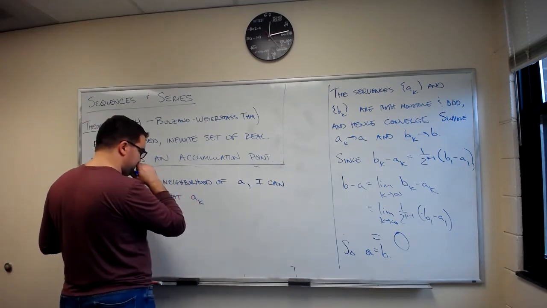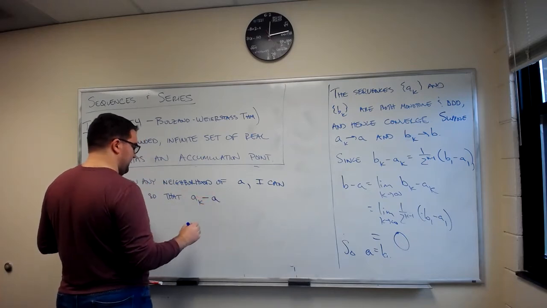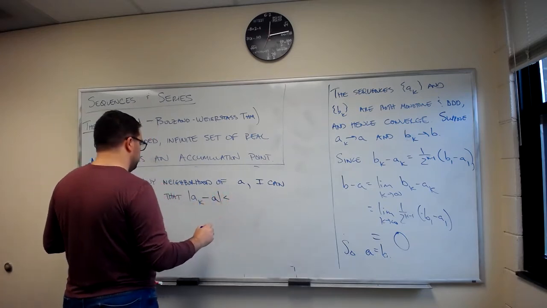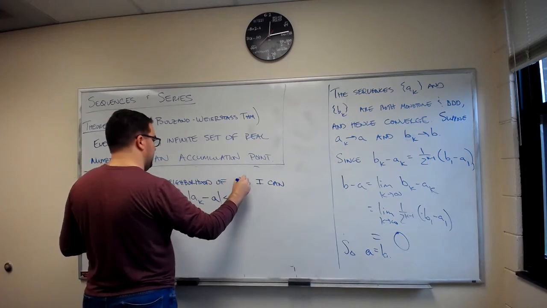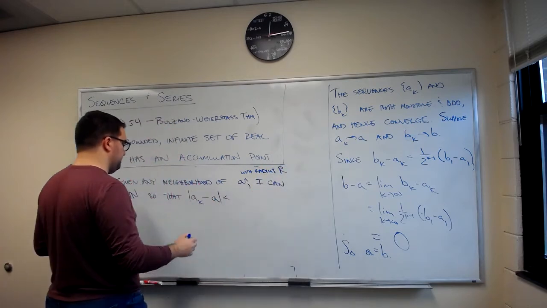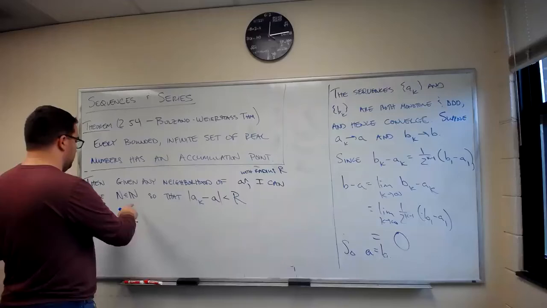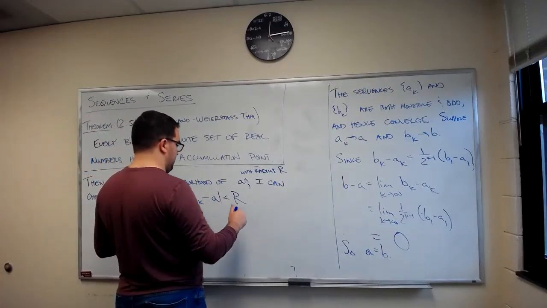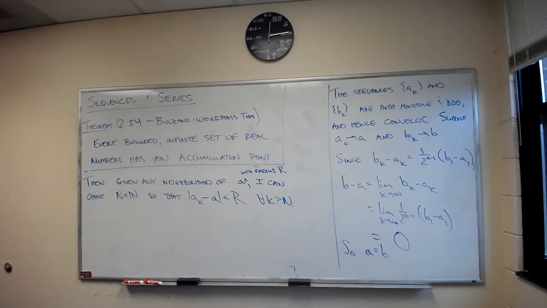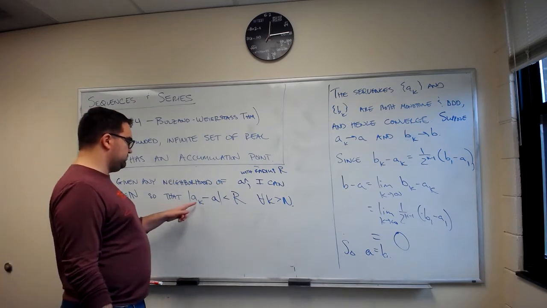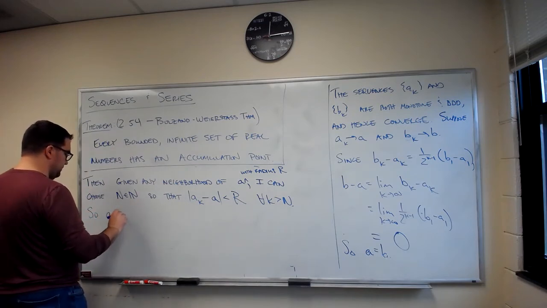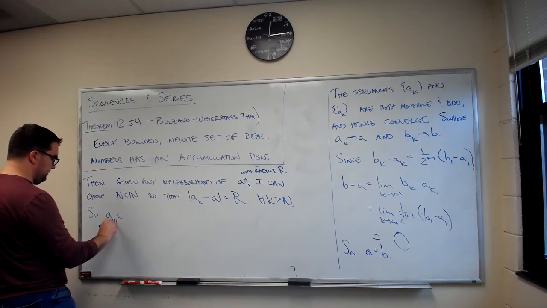A sub K minus A in absolute value is within, sorry, I need to give any neighborhood of A with radius capital R. I can always choose a natural number large enough so that A sub K minus A will be less than R for all K greater than N, because now I know that these A sub K's converge to A. And so that tells me that there's some element, so let's just take A sub capital N plus 1.